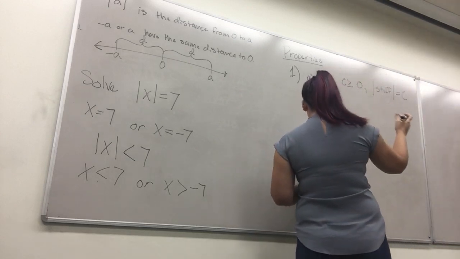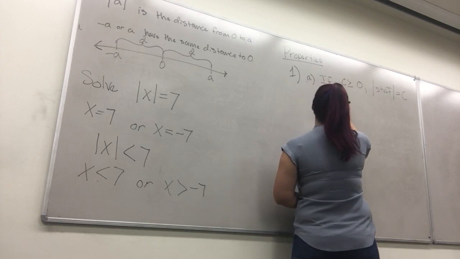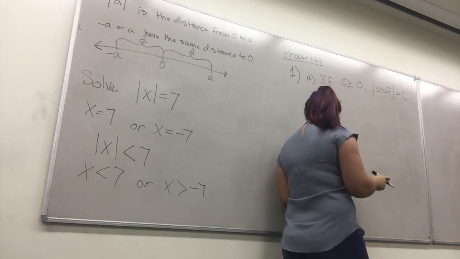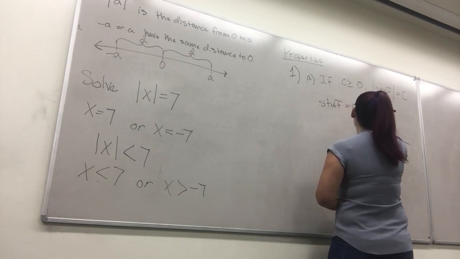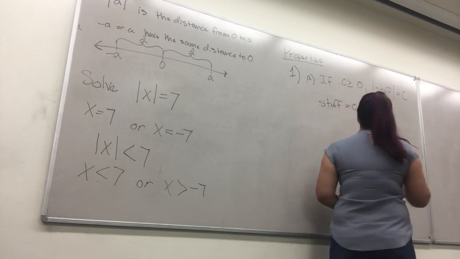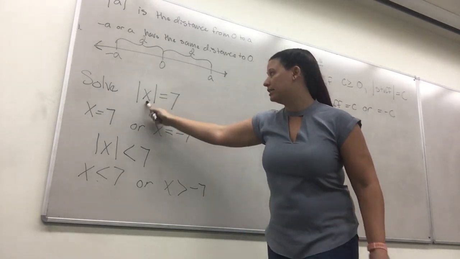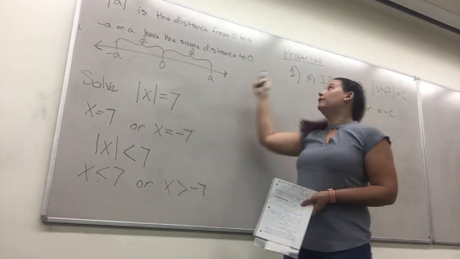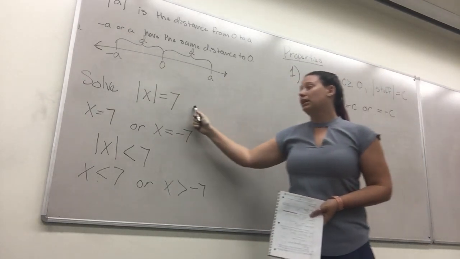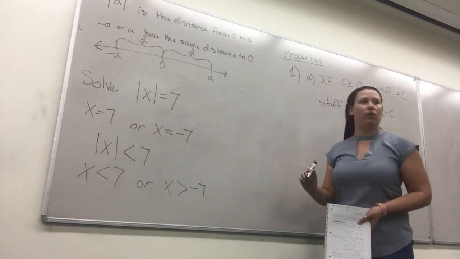So what that tells us is that the stuff on the inside either equals C or equals negative C. That's exactly what we did here. We said, okay, we have some stuff equaling a positive number, right? So that falls within this first property, and we set it equal to the number or the negative of the number. Okay?